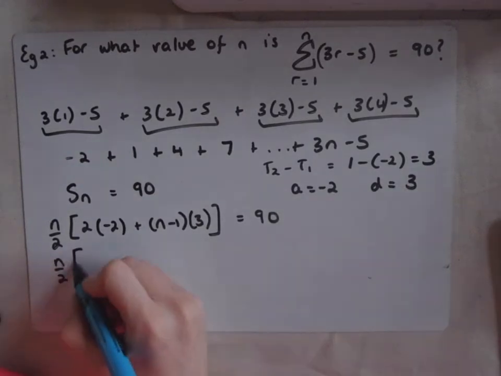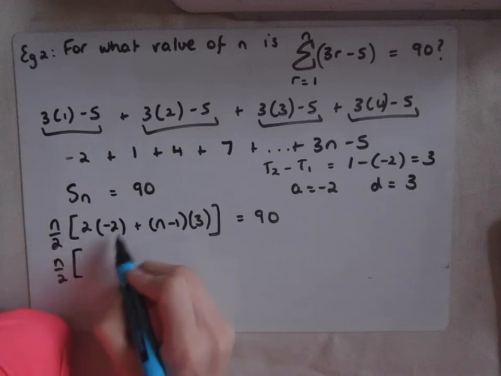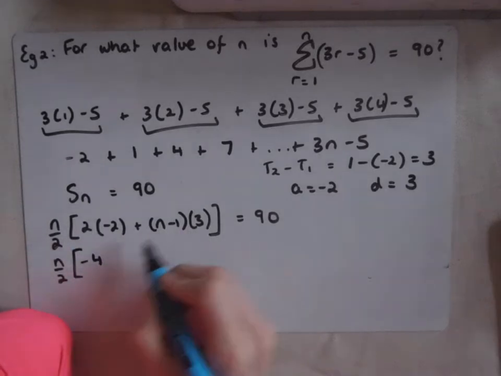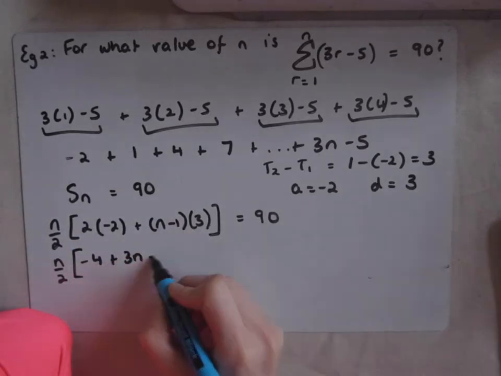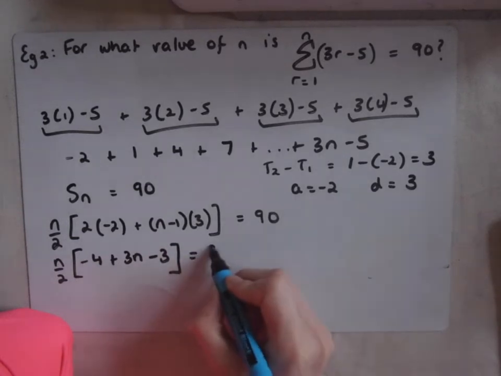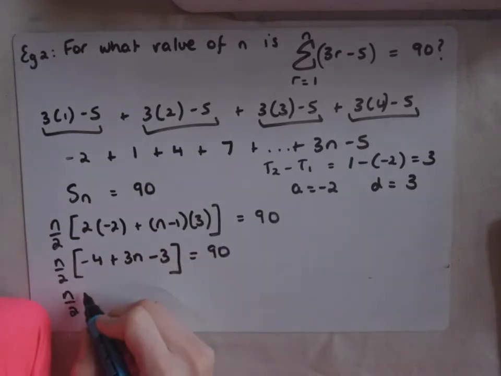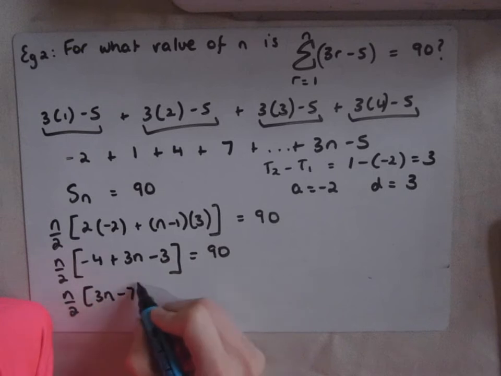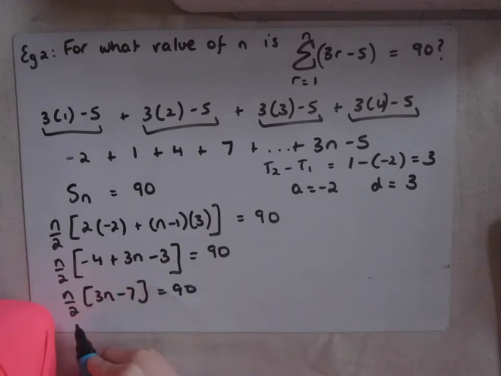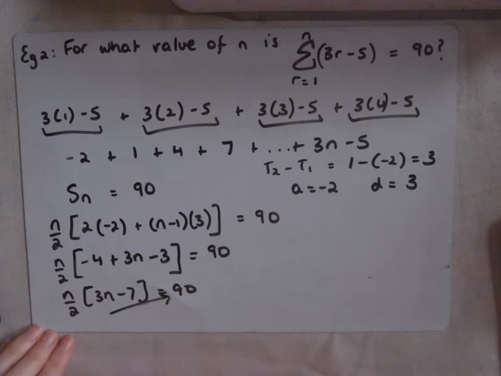So back over here, just keep tidying up. That's minus 4. 3 by n is 3n. 3 by minus 1 is minus 3, equals 90. So n over 2, 3n minus 7 equals 90. Now remember, that 2 is at the bottom of this side, so it comes up to the top of the other.